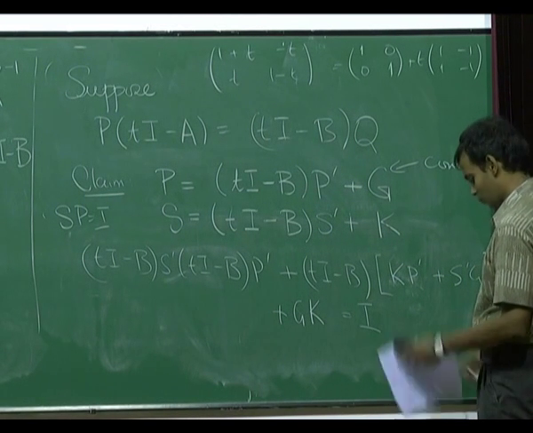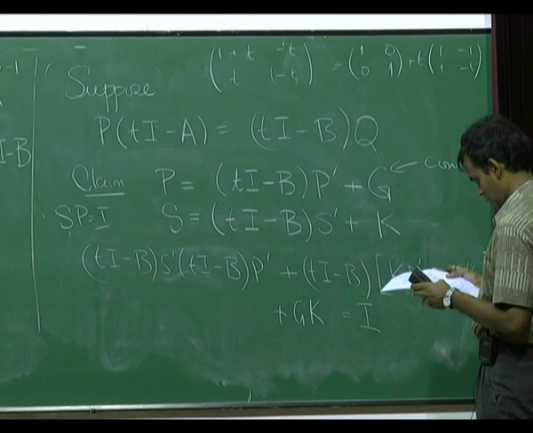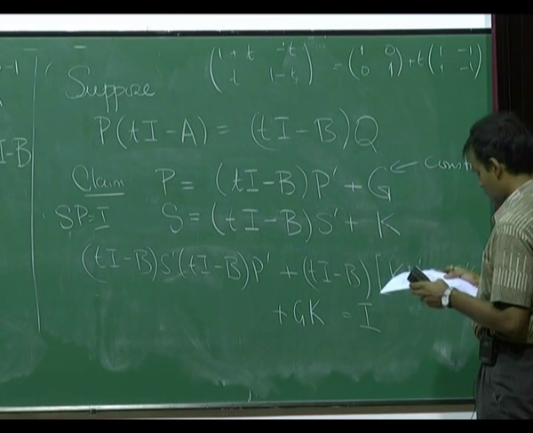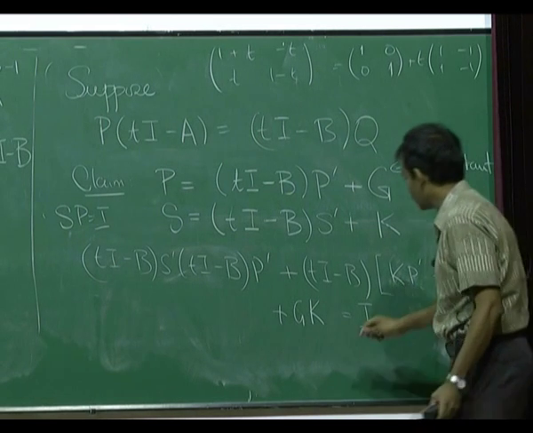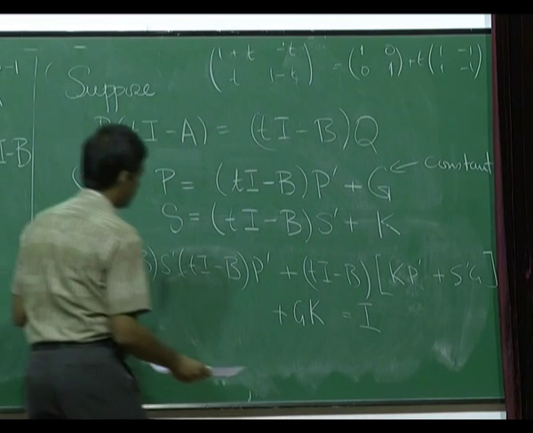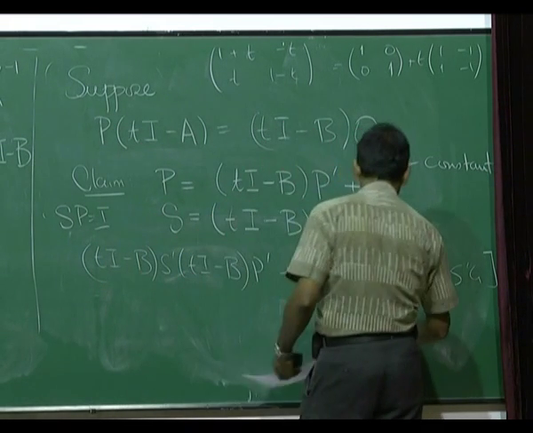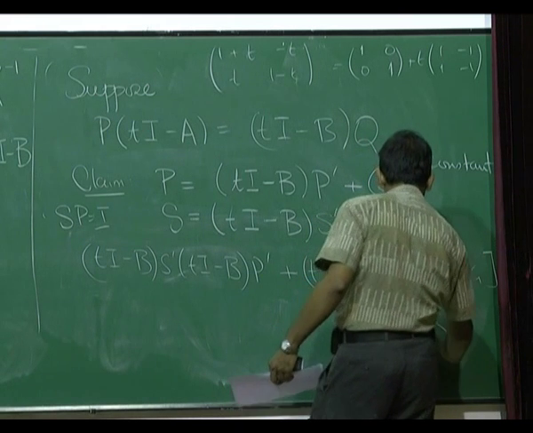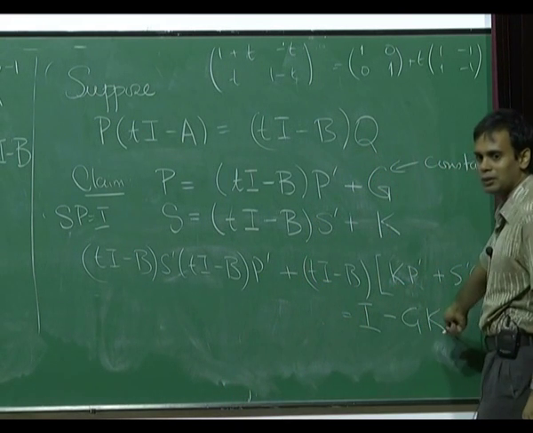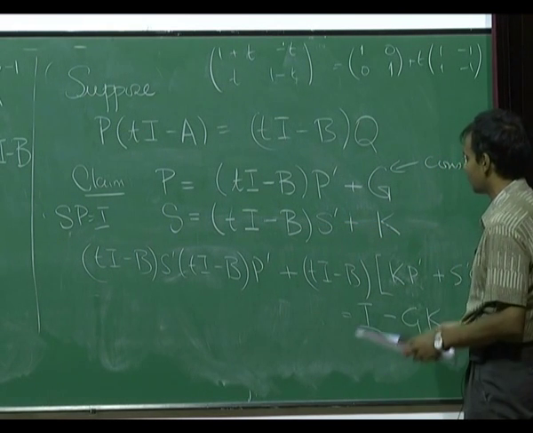And so what this shows is that you can also write this as identity minus GK, bring the thing here, is this stuff. Now this is a constant matrix because G and K are constant matrices, so this must also be a constant matrix.